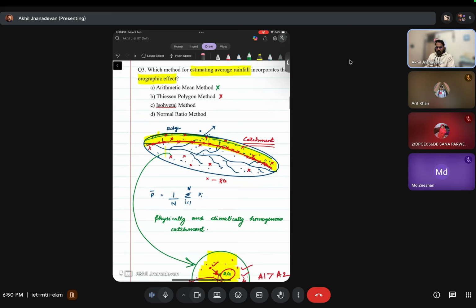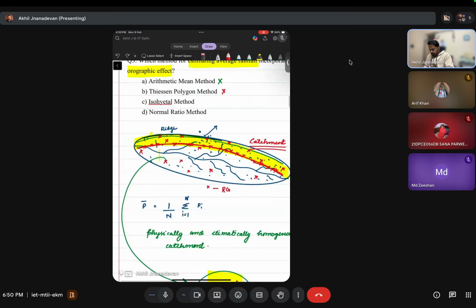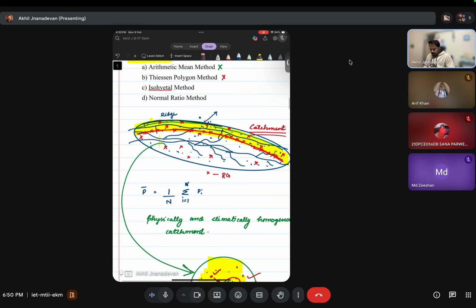So in this particular case, instead of taking random rain gauges for this catchment, if we take different isohyets, like P1, P2, P3, and here in the rain shadow region also we will be getting P naught, then we take the average.